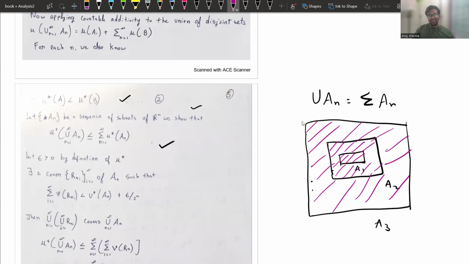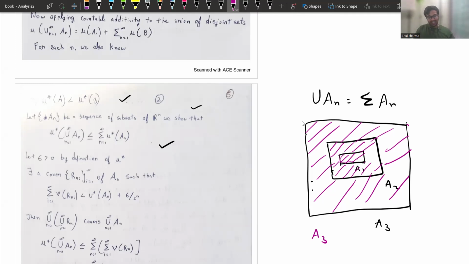So this covers A1, the second covers A2, and the third covers A3. If you add the cover of A1, the cover of A2, and the cover of A3, you can get the whole cover of A3. If there are many rectangles, you can get the cover of the largest rectangle.